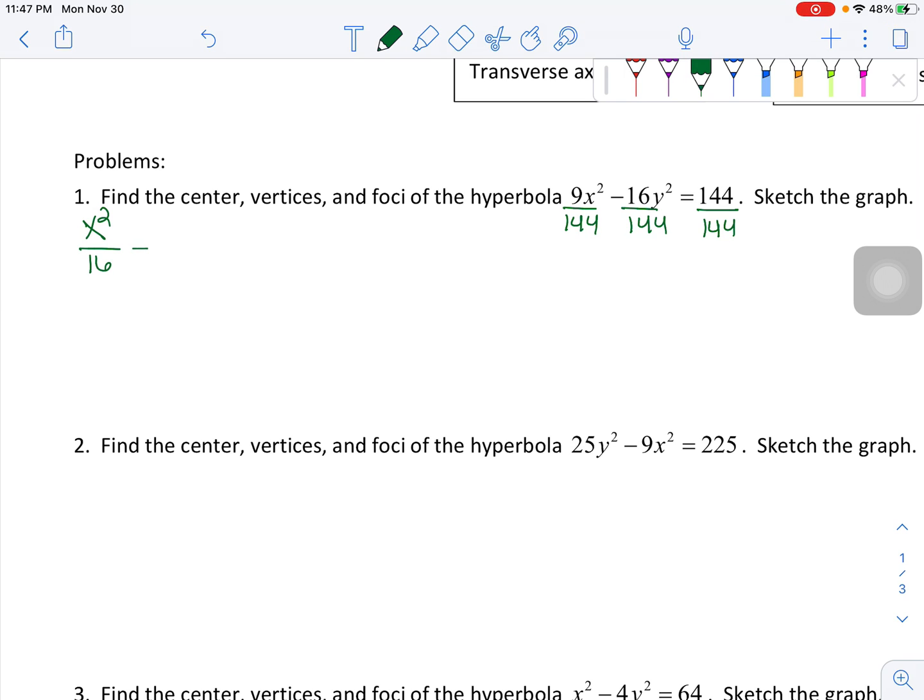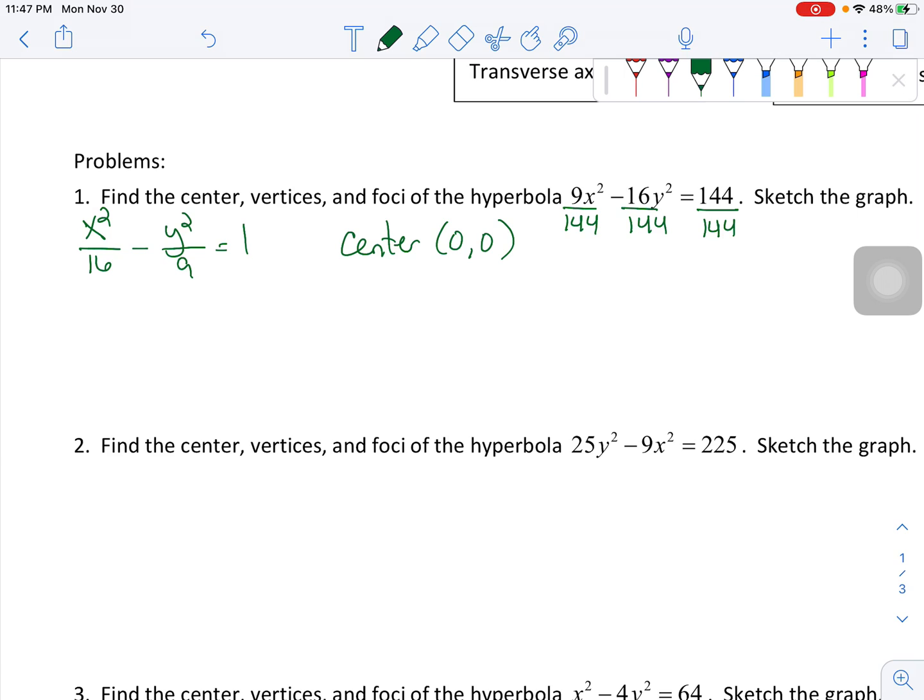So this is going to become x squared over 16 minus, so 16 over 144, let's reduce that, and that turns into 1/9. So that's y squared over 9 is equal to 1. Now, this at least gets me the standard form that I prefer, and I know a little bit more information. The first thing I know is that my center is the point (0, 0).